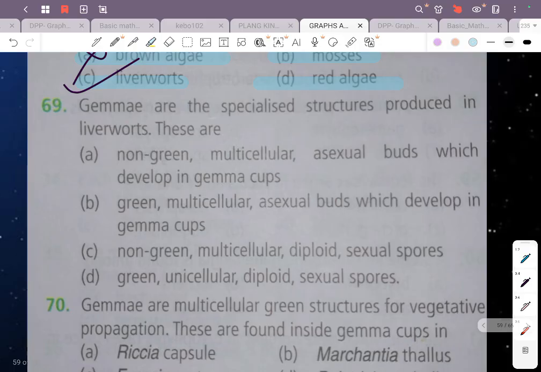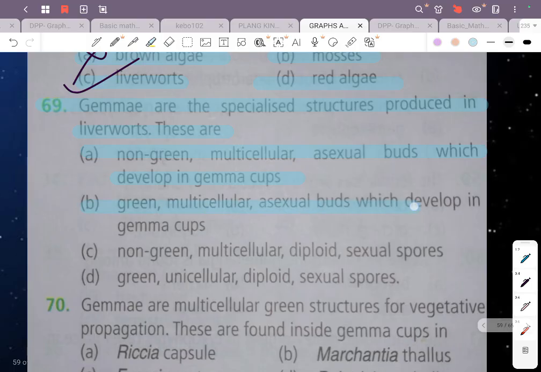The next question is: gemmae are specialized structures produced in liverworts. Now gemmae are specialized structures which are actually seen in liverworts, and these are the characteristics of gemmae, and you have to arrive at the correct option. Is it A. non-green multicellular asexual buds which develop in gemma cups?